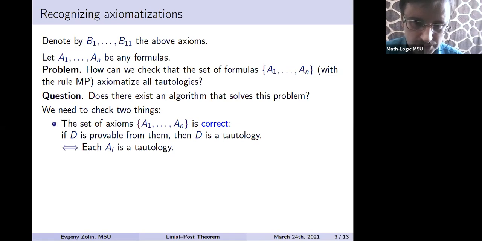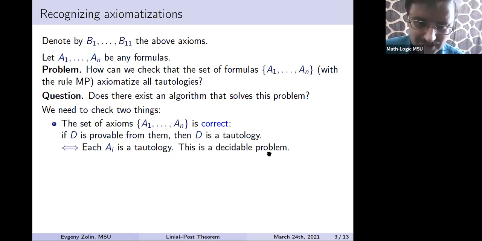If these formulas are tautologies, then everything that can be proved is a tautology. And if everything that can be proved is a tautology, then in particular, our formulas are tautologies. So this is an equivalent property. And this property is decidable. Well, not easily, we need exponentially many valuations. But still, it is a decidable problem.